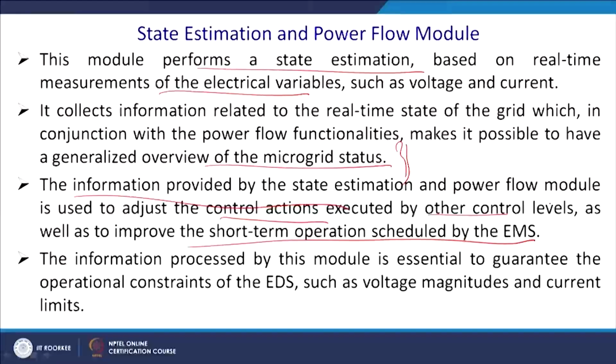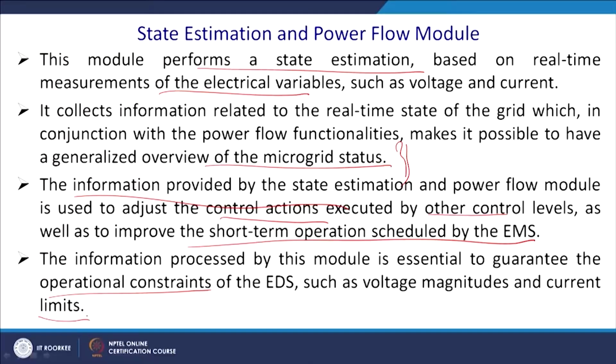Information processed by this module is essential to guarantee the operation constraints, like whether you have the leeway to accommodate another load or not for a period of half an hour. Or whether the droop control will allow it within the tolerance limit of the distributed generations, as well as the voltage magnitude and the current limit within the system.